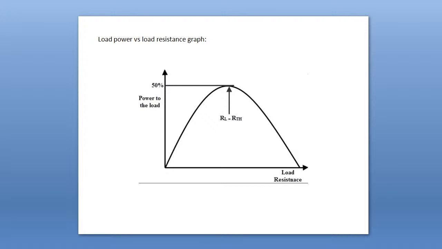Under match condition you will get maximum information. You will arrange your antenna in such a way that the transmitter or receiver impedance and antenna impedance must be the same, must be equal. You will make a match condition.